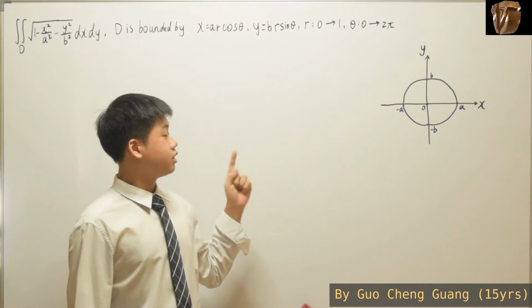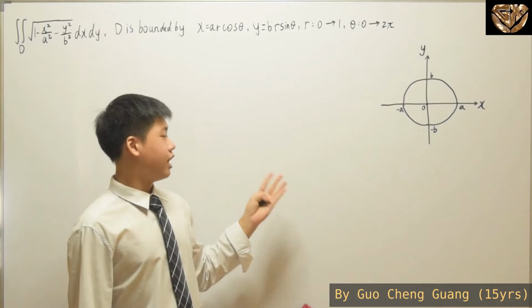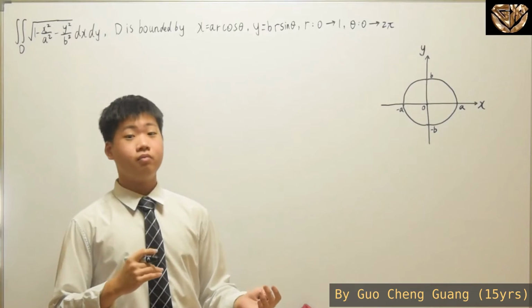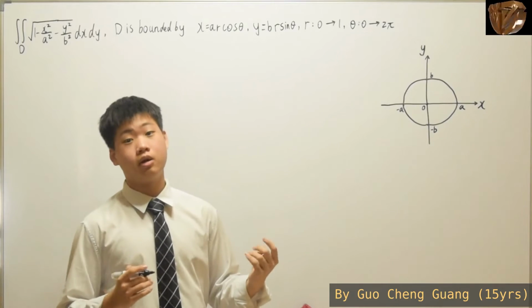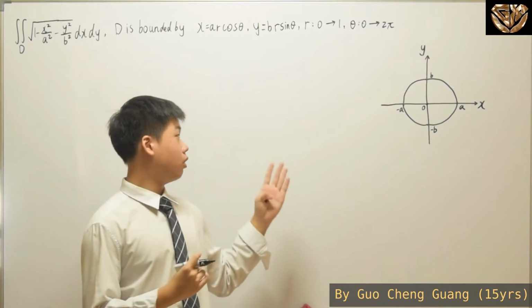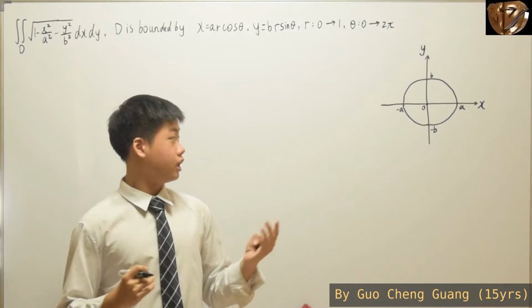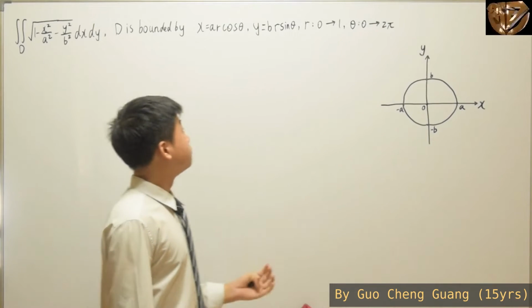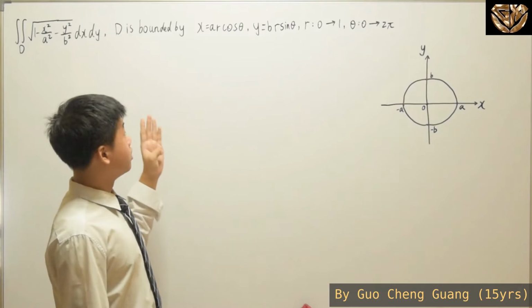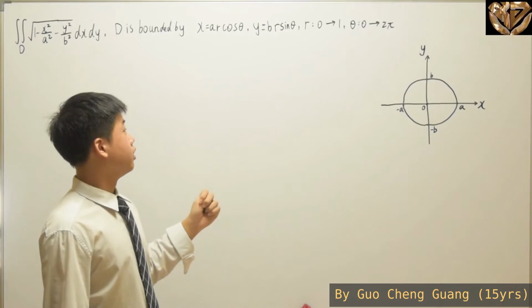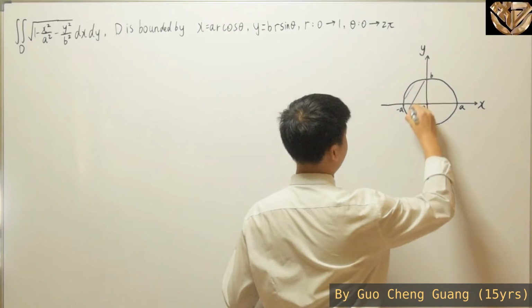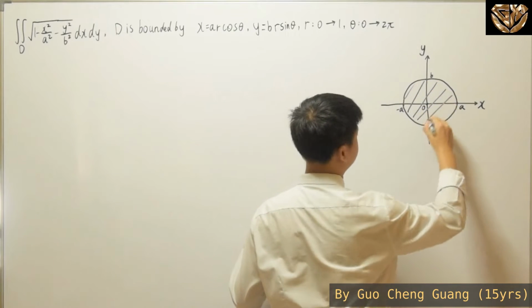So for this ellipse, you can have a greater than b or b greater than a. But the one that is greater will be your major axis, while the one that's smaller will be, of course, the minor one. Alright? So now that we know this is an ellipse, and r is from 0 to 1, that means it will be for everything within here.